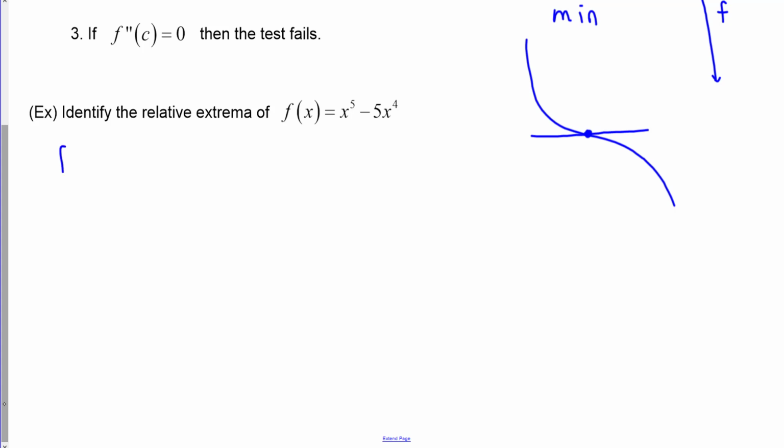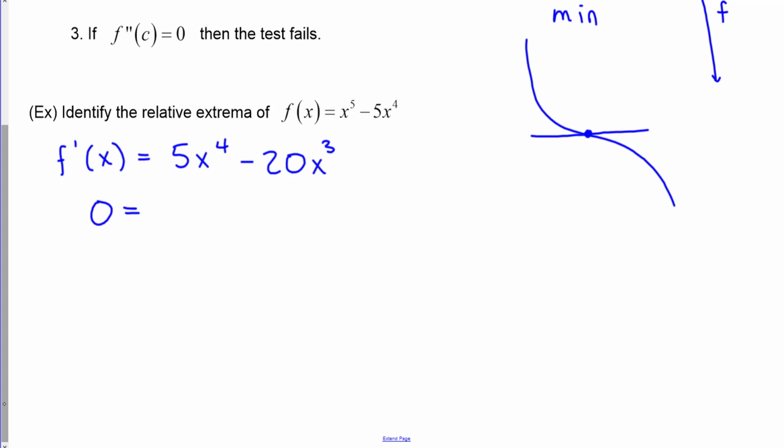So we'll get the first derivative, which would be 5x to the fourth minus 20x cubed. And if I set that equal to 0, it would give me my critical numbers.